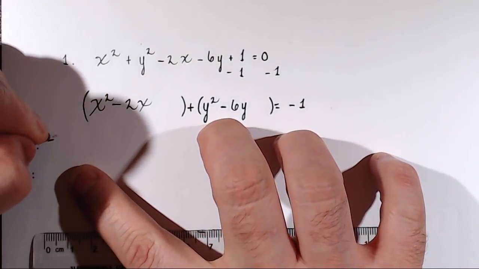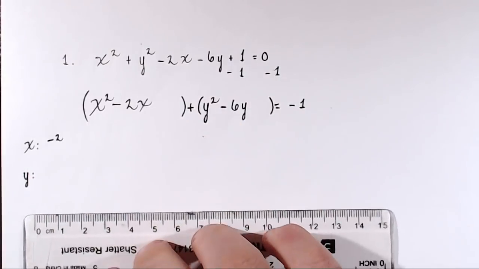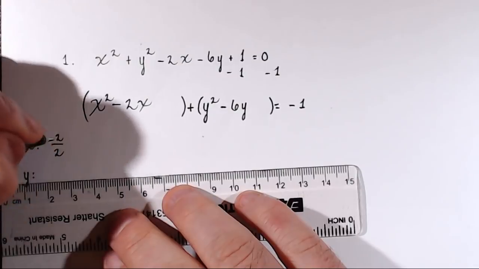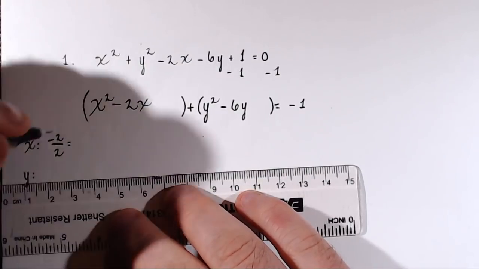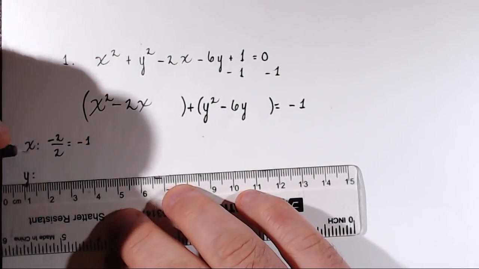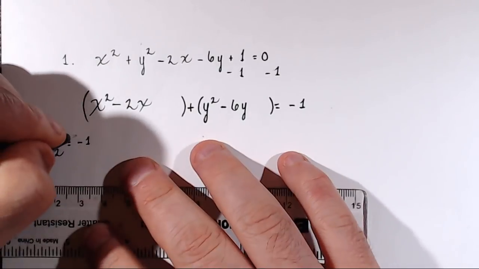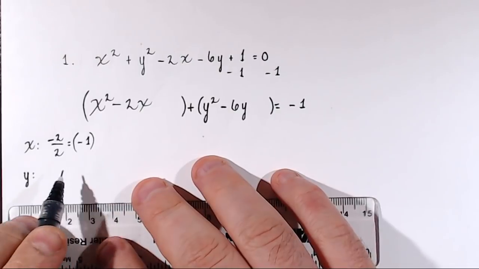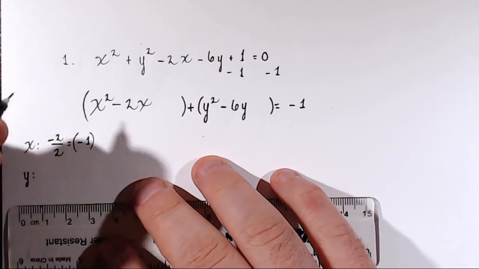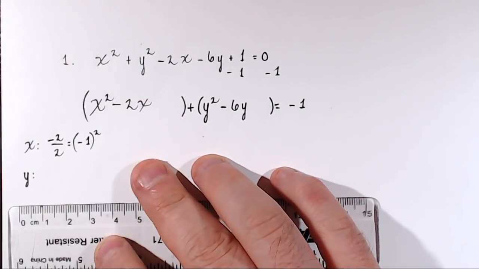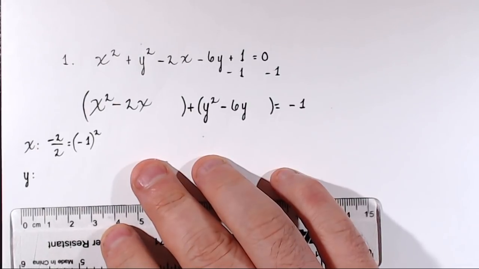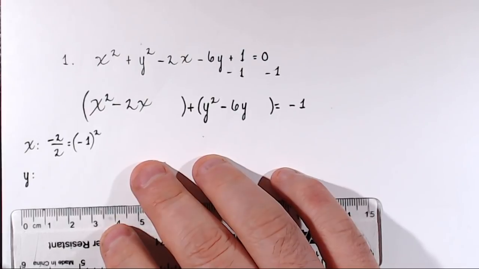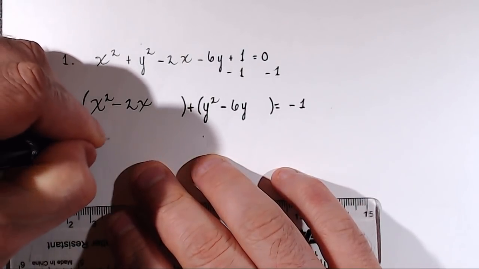We will divide -2 in half. So -2 divided by 2 equals -1. I will then square that term, -1 squared. Now anything squared is positive. So -1 times -1, or -1 squared, equals 1.